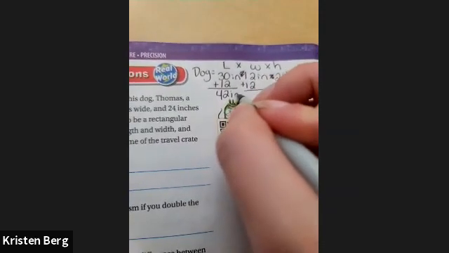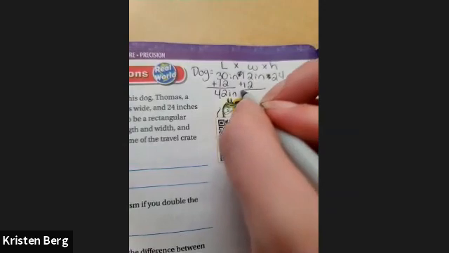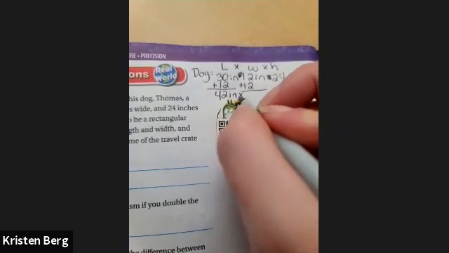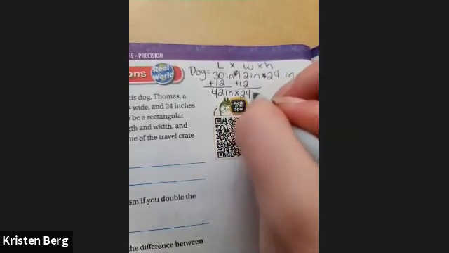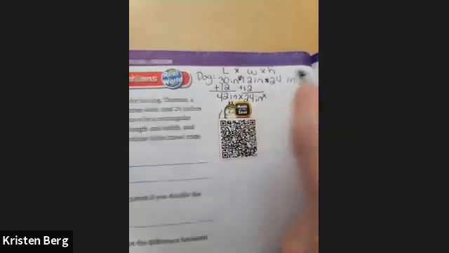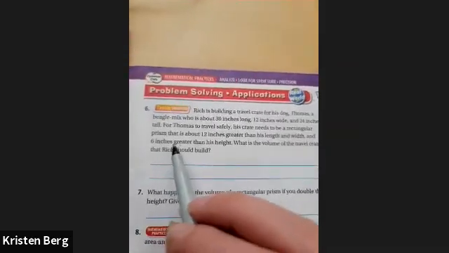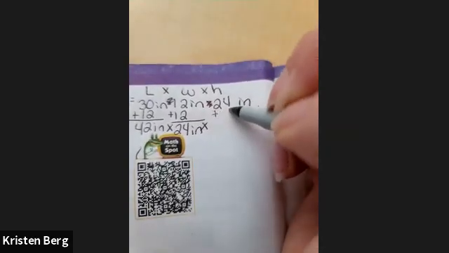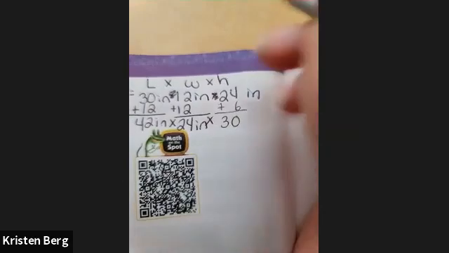So this is 42 inches long is what the crate needs to be. And then 12 plus 12, that is 24 inches, times then how tall, and 6 inches greater than his height. So his height, you're going to just add 6 more inches. That would be 30 inches.